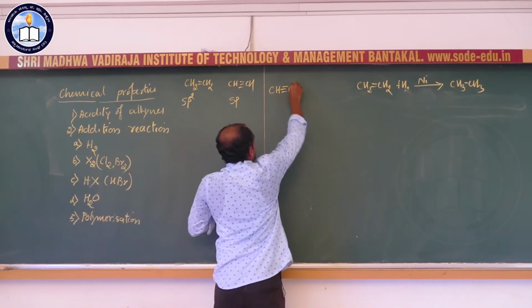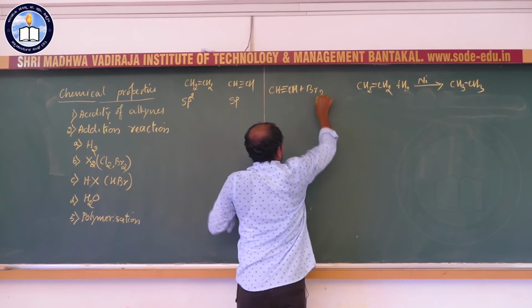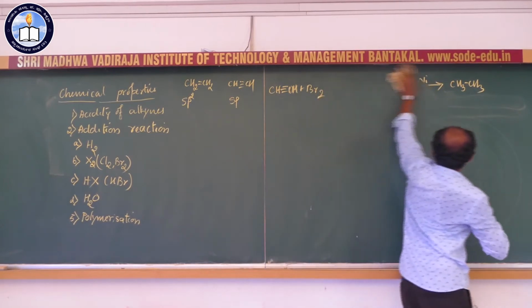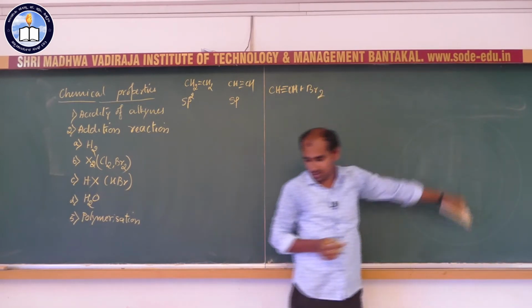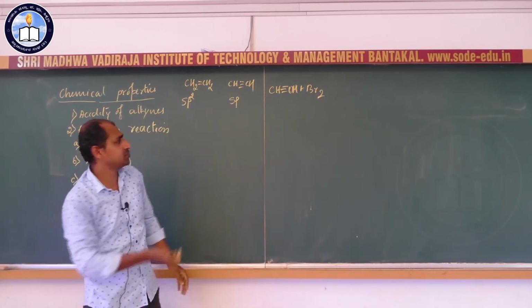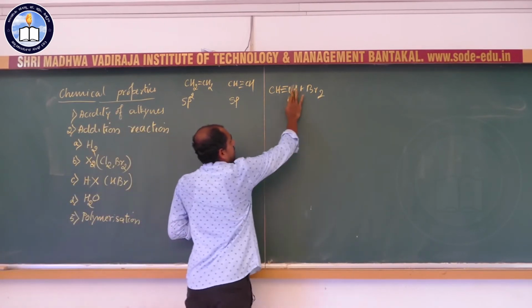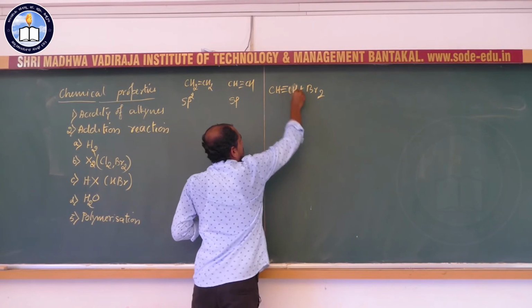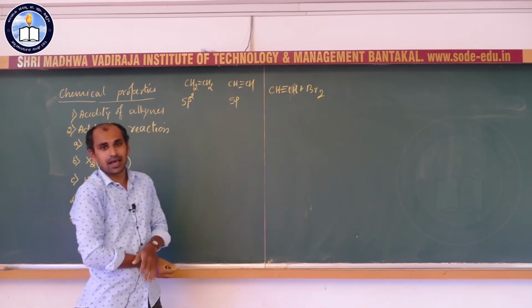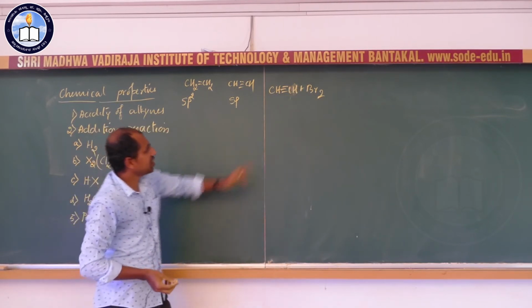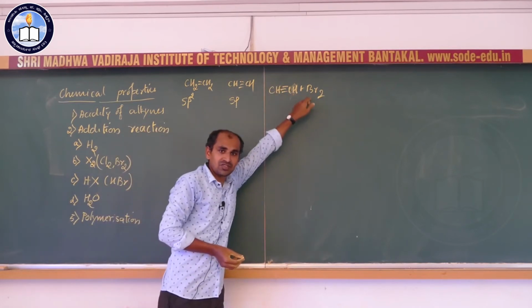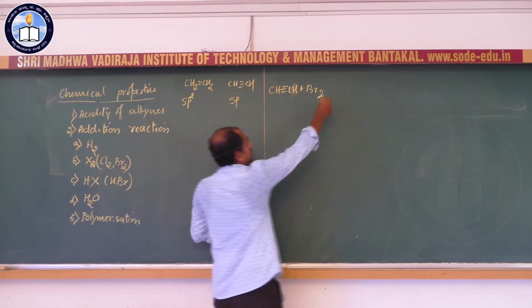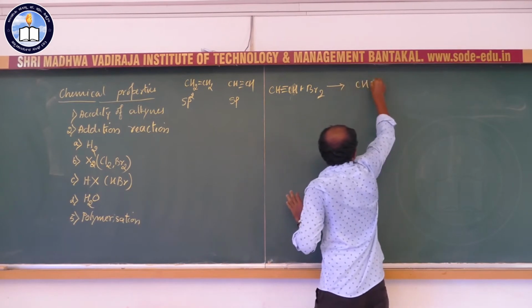So, ethine reacts with bromine to give what? The same kind of reaction we have discussed in alkene also. So, alkene reacts with bromine to give corresponding dihaloalkane.